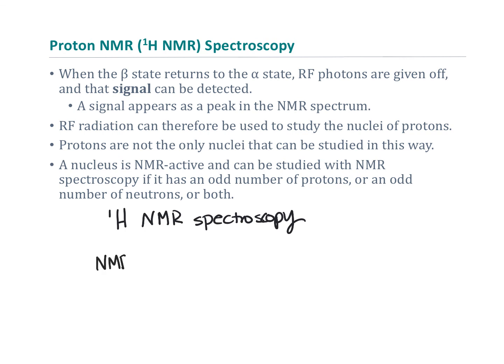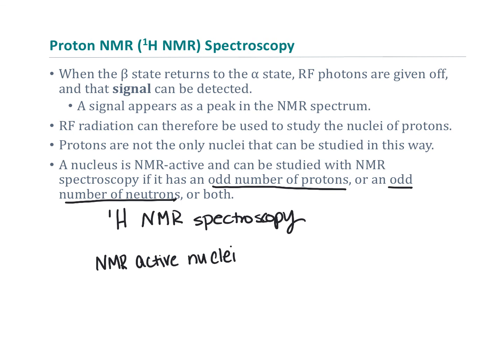NMR active nuclei. In general, a nucleus that's NMR active can be studied in NMR spectroscopy if it has an odd number of protons, or an odd number of neutrons, or both.